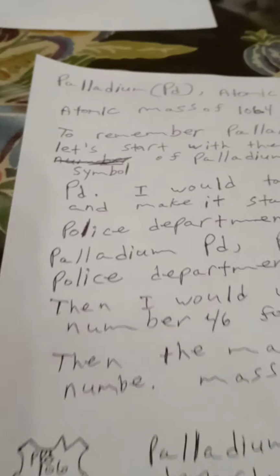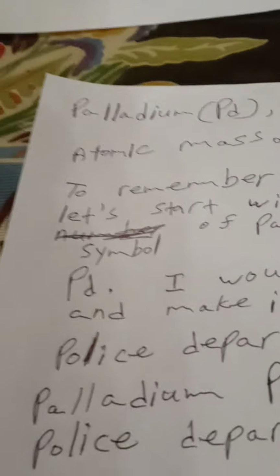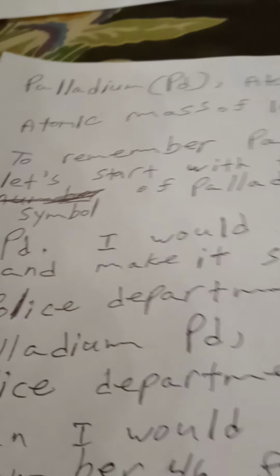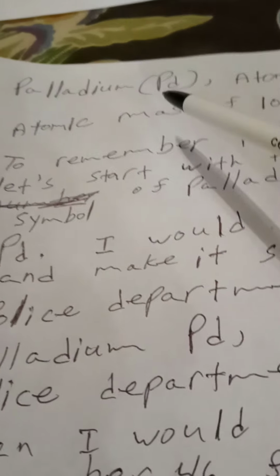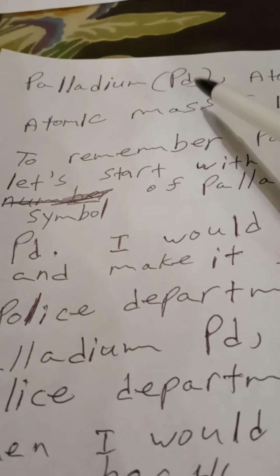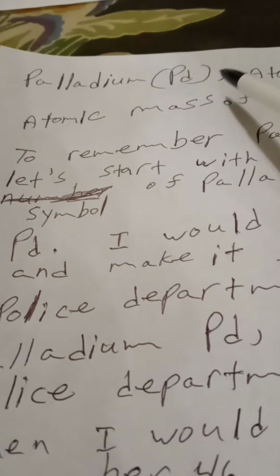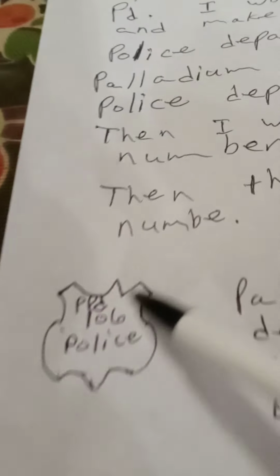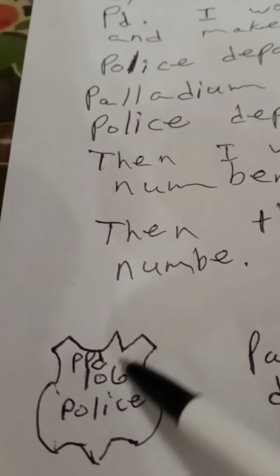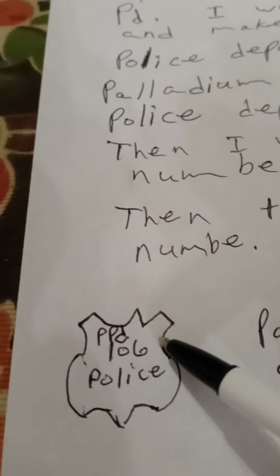So we have a badge. So we have a police department in the city of Palladium. So Palladium Police Department. You ever seen that police department? It tells you the name of the city, and it says PD. So how would you write Palladium Police Department? Well, let's look at the badge. Capital P and a small d. Palladium Police Department.